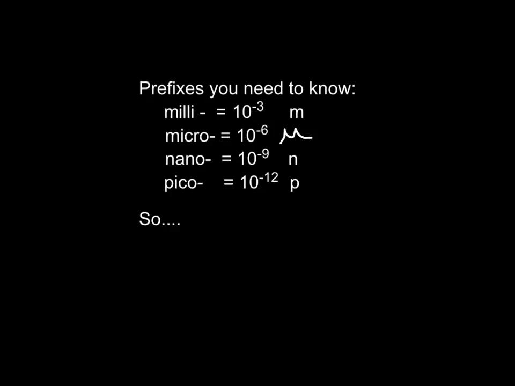All right, so here's some prefixes that you need to know. You're already familiar with milli, right? And these are all measurements that make the base units smaller, right? So that's why we have negative exponents, because we're moving the decimal to the left. If you look right here, these are all the abbreviations for those 4 prefixes.